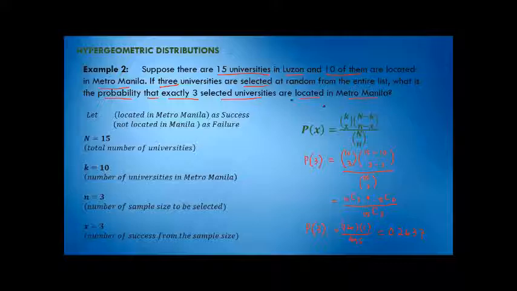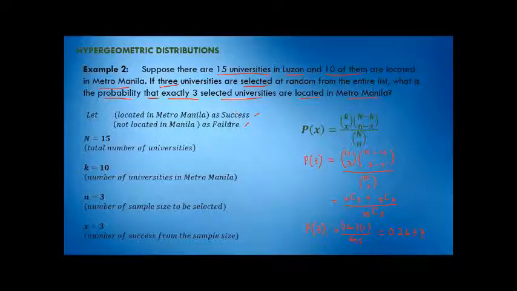So, i-analyze ulit natin ang given, ano ang success, ano ang failure. So, we are looking for universities located in Metro Manila. Therefore, that is the success. Universities located in Metro Manila. Now, if the university is not in Manila or not located in Manila, that is the failure.